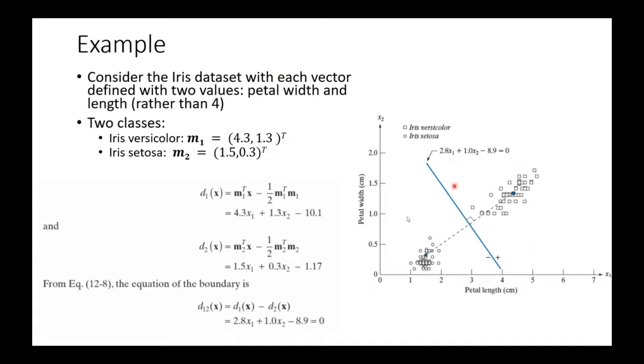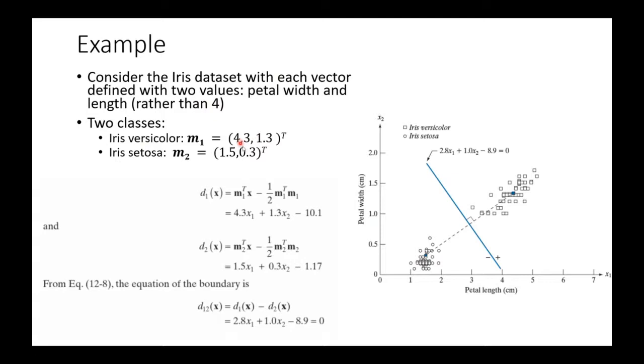Why are we just choosing two values? Because then we can see this in two-dimensional space. If we use the four values, petal width, petal length, sepal width, sepal length, we cannot draw it. We still don't know how to draw in 4 dimensions, right? It's a multi-dimensional problem.